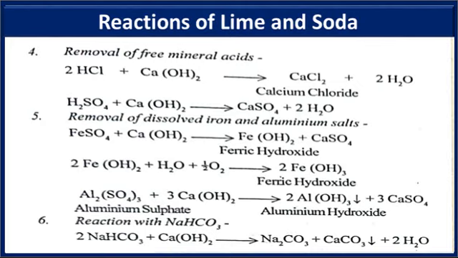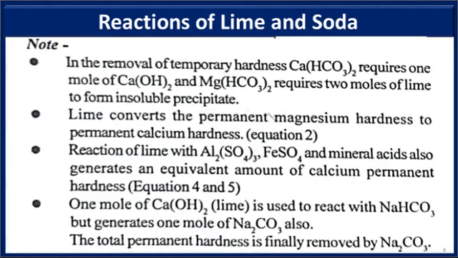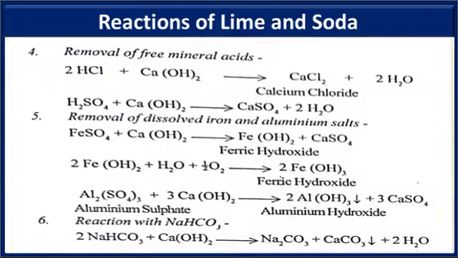Now some important points which we have to revise. For the removal of calcium bicarbonate, it requires 1 mole of lime, but for removal of magnesium bicarbonate, it requires 2 moles of lime.